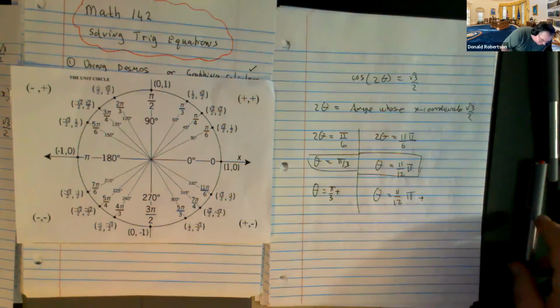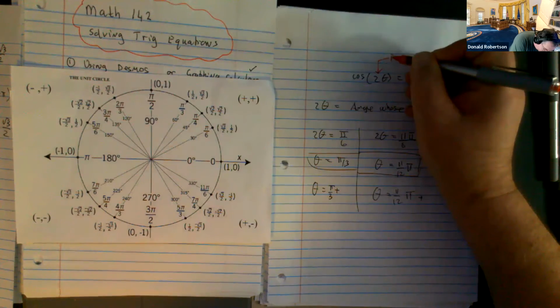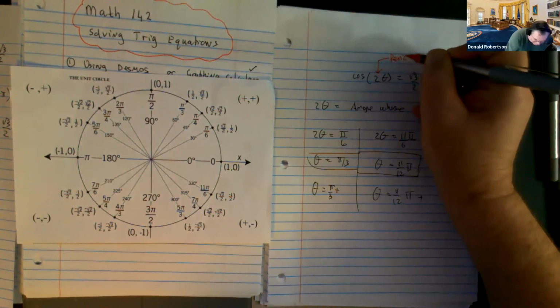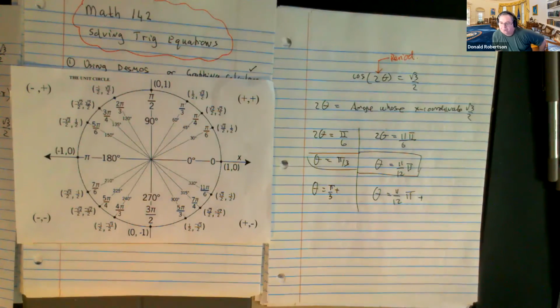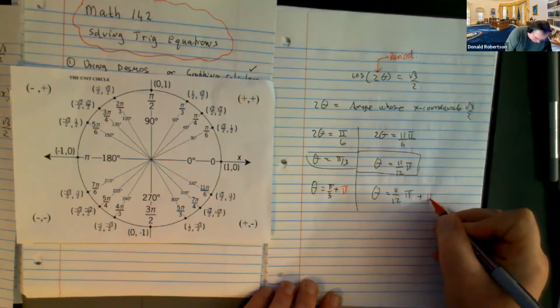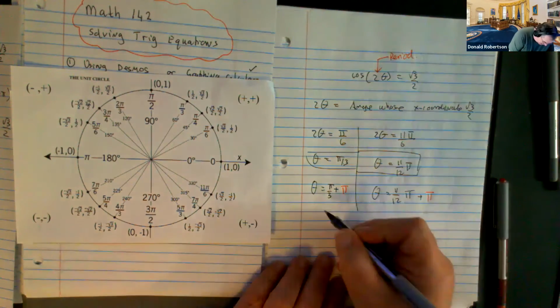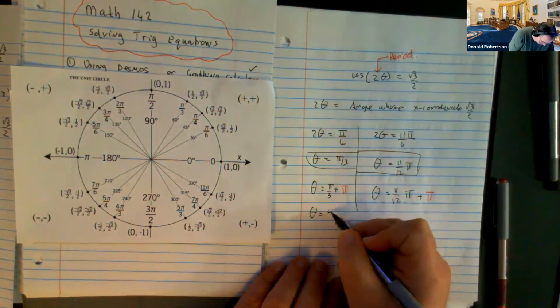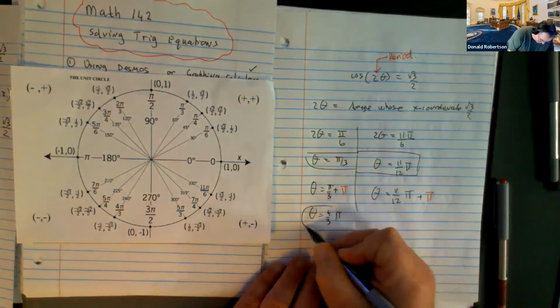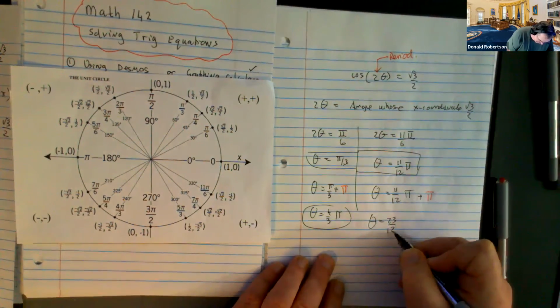Here's your clue. What is the period of the cosine of 2 theta? It's pi. If you add the period onto an answer, won't you get another answer that also works? And so my third answer is 13/12 pi. And my last answer would be, I believe, 23/12 pi.